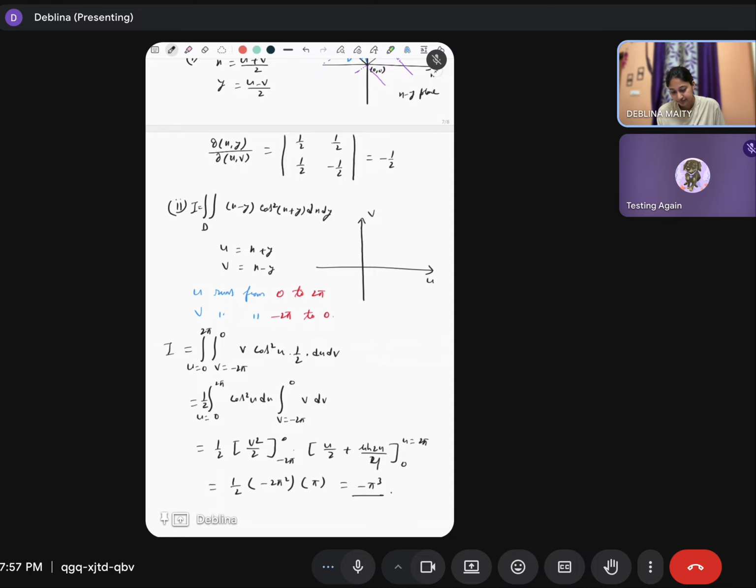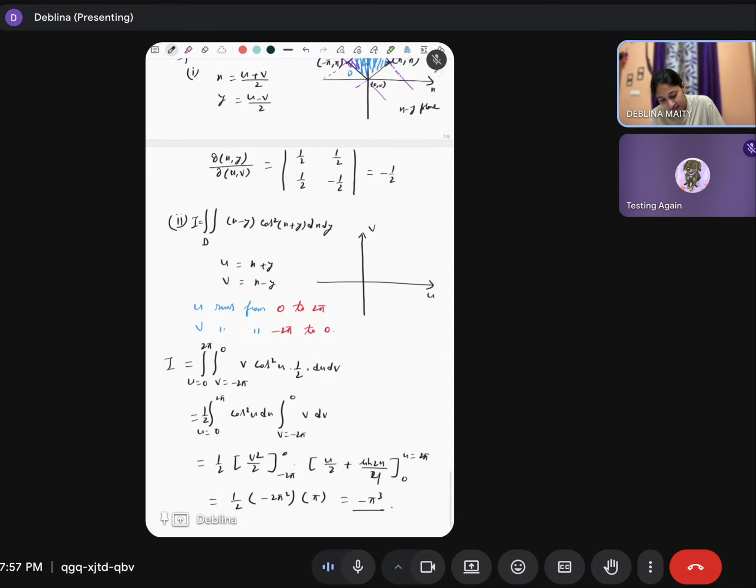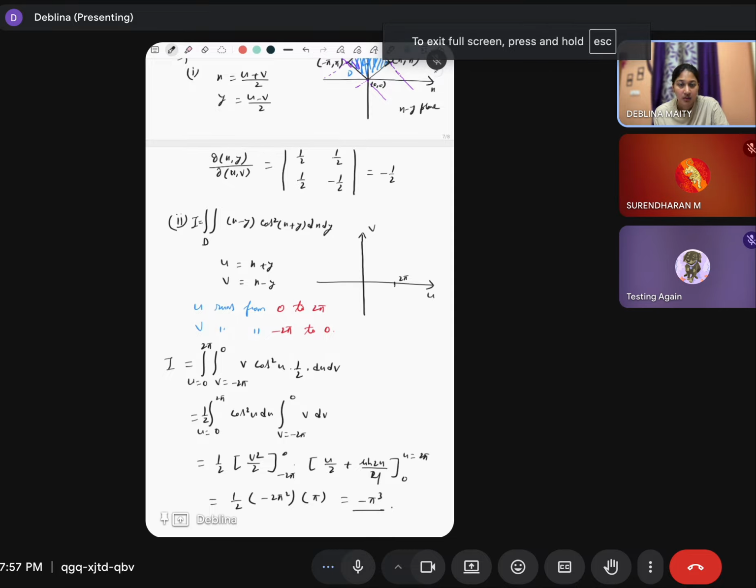Okay. Again here this is a square. So in uv, what does this look like? u runs from 0 to 2 pi and v is minus 2 pi to 0.